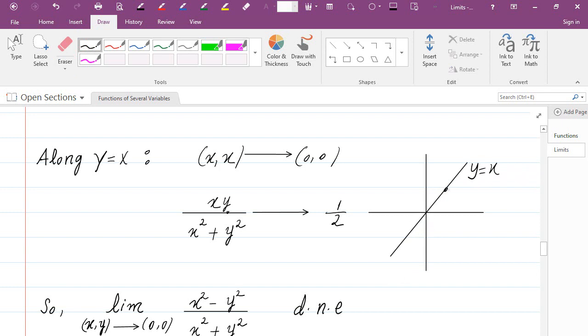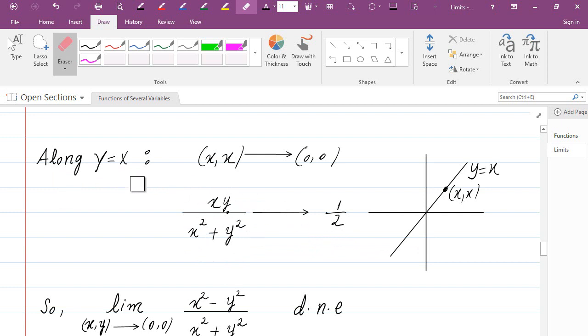On this line, the points are of the form (x, x), because the x and y coordinates are the same. The value of the function would be: replace y by x, so you get x squared in the numerator, and in the denominator you get 2x squared. So that ratio is half.